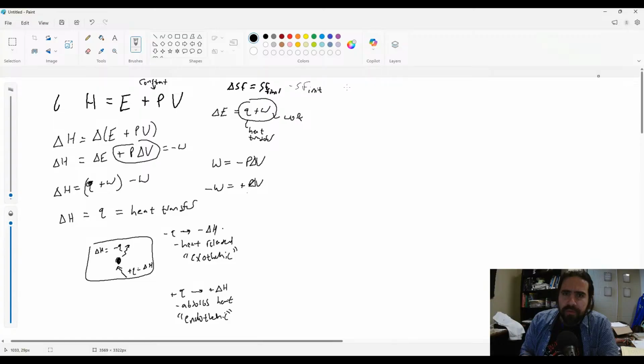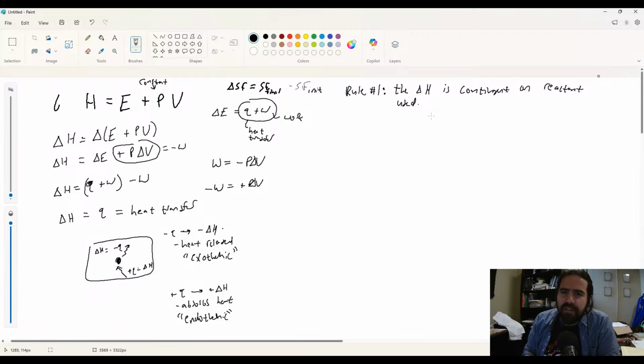Our first rule states that the change of enthalpy, so the change in heat content, is contingent on reactant used. Contingent on reactant used. What does this mean? So let's put this together in an actual chemical equation.